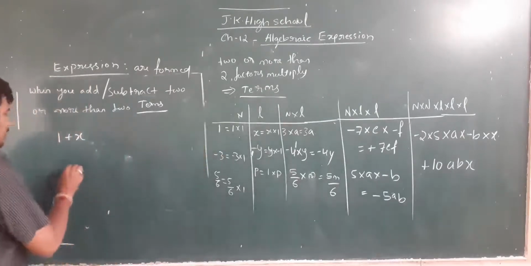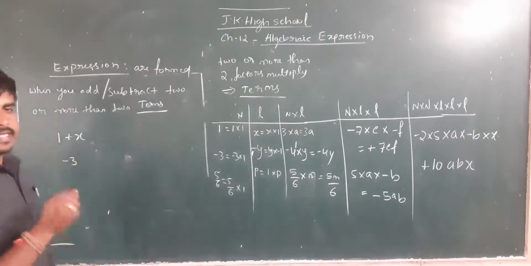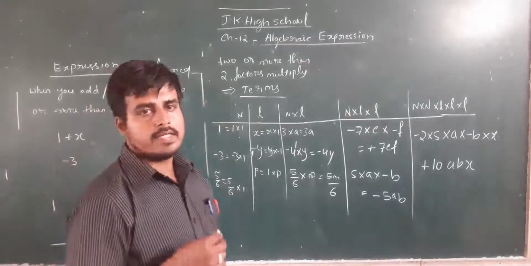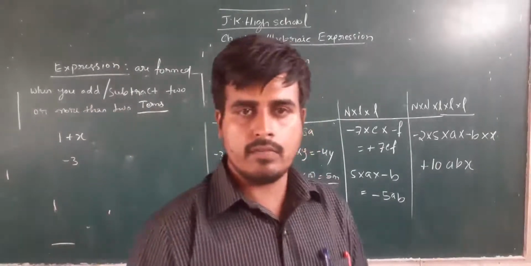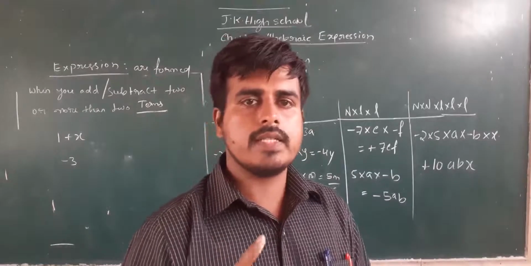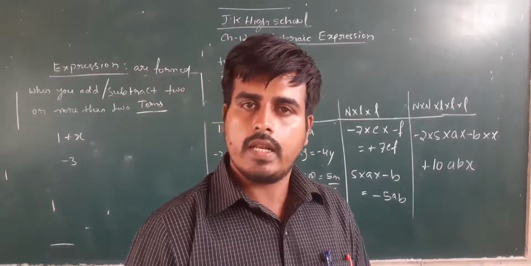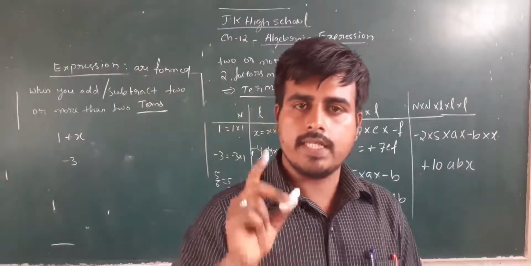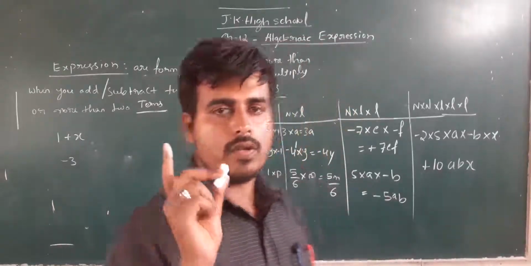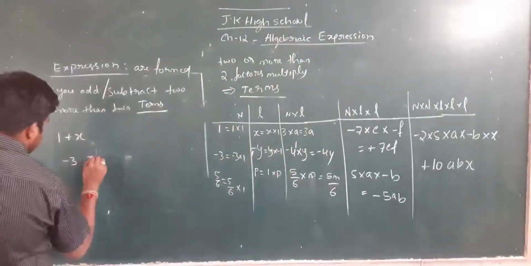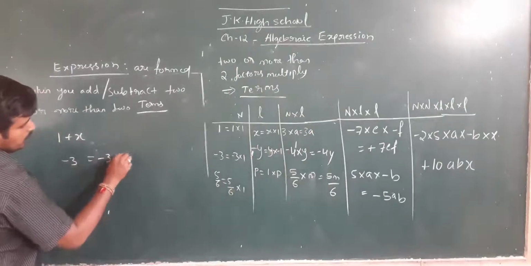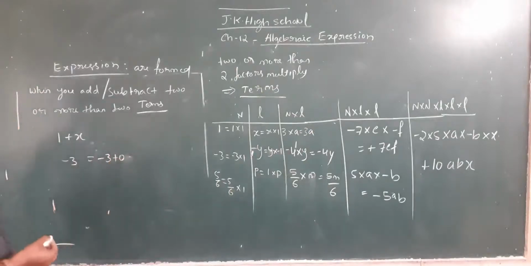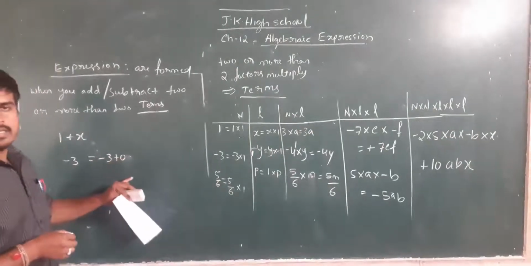Can I call just -3 an expression? -3 is a factor, -3 is a term. But can I call -3 an expression? Yes, you can. You can call -3, just a number, an expression, because I can write -3 as -3 plus 0.